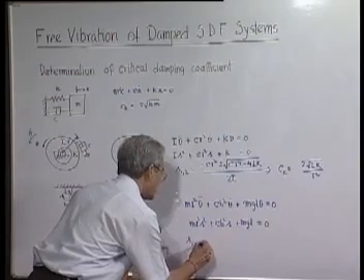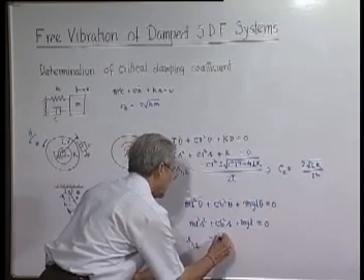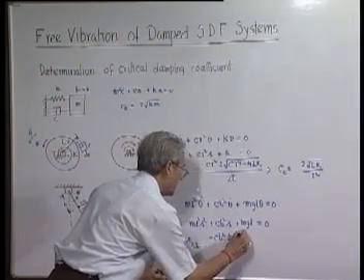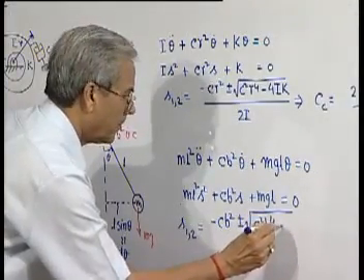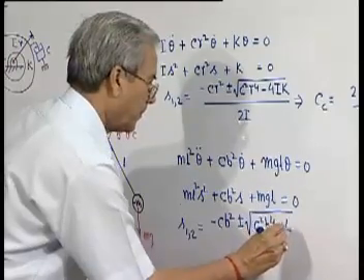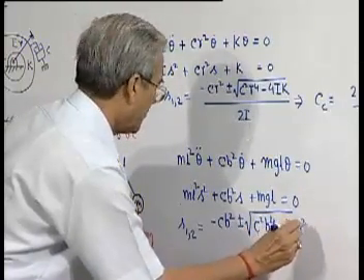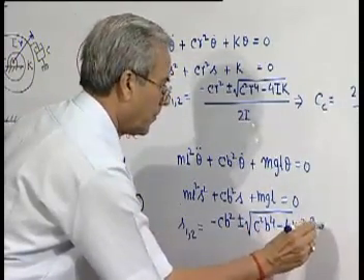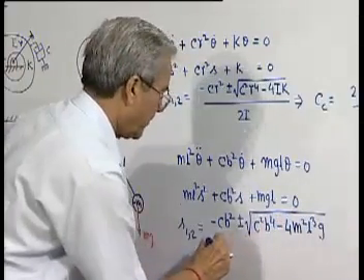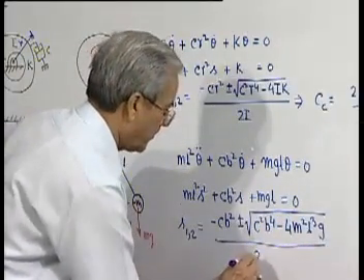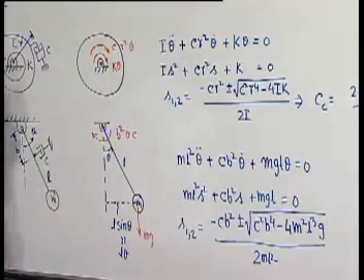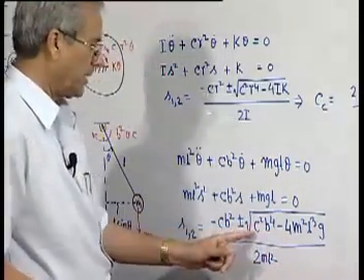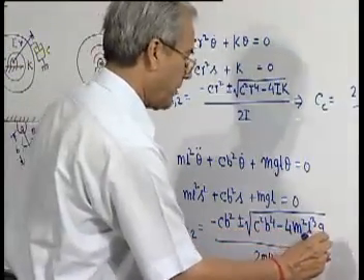The two roots will be... these are the two roots, and obviously the critical value of c will be that for which this will be 0.